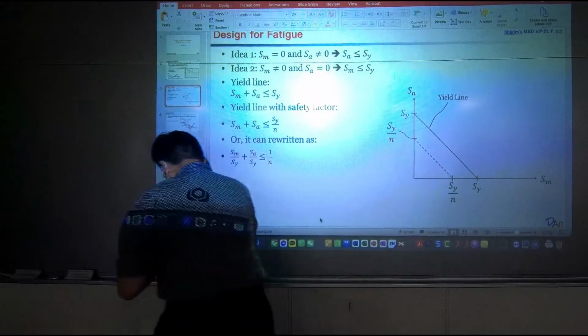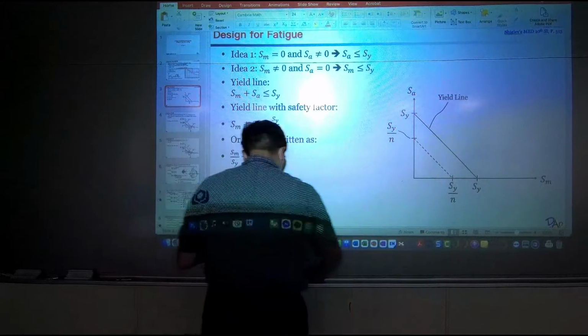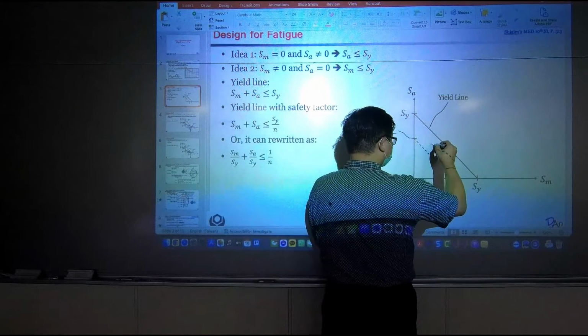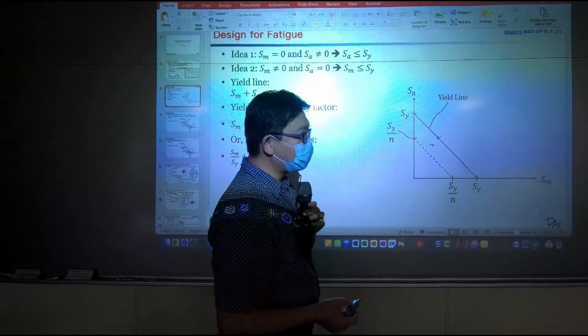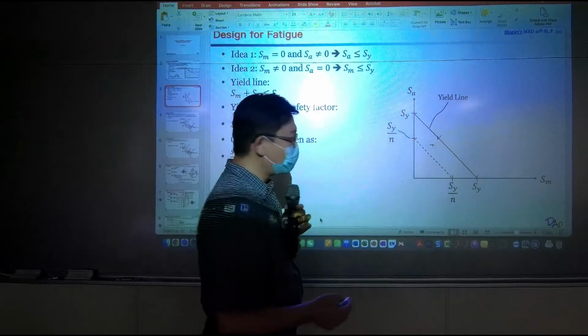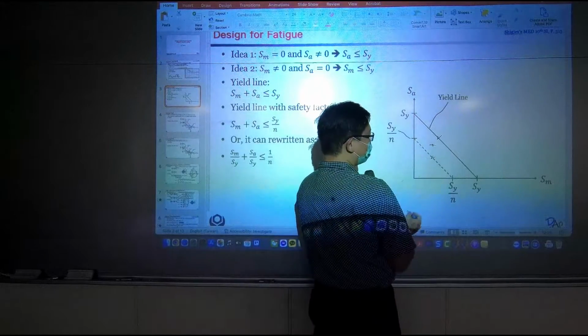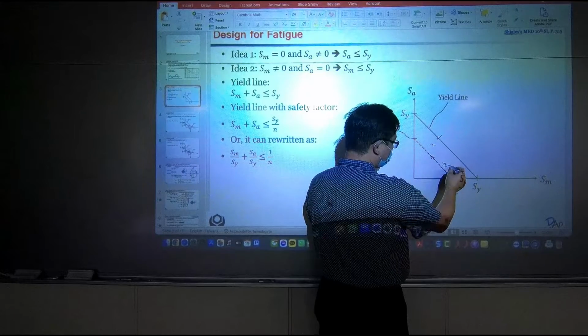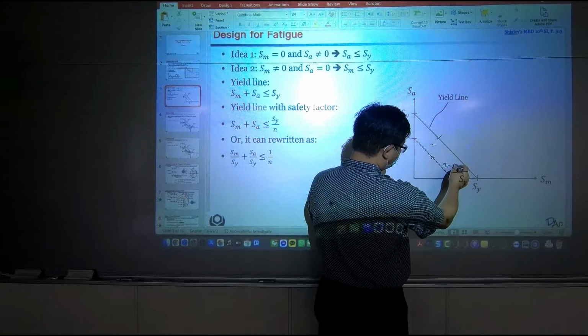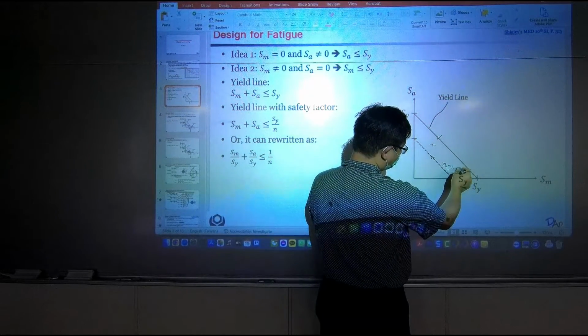For example, if we have a design right here, it satisfies this model, but it doesn't satisfy the safe one. Because for this one, the safety factor is, for example, around maybe 1.5.